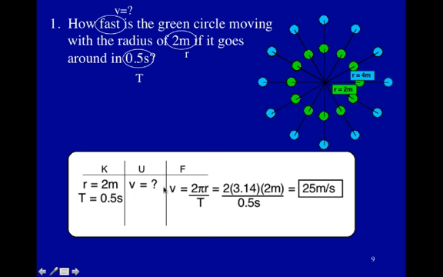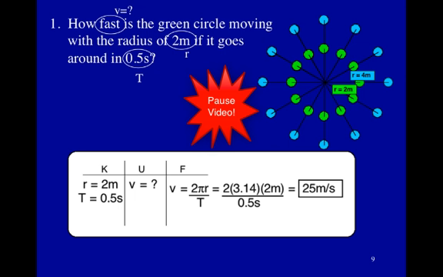Our unknown is the speed, and we use our speed equation. v is equal to 2 pi r over the period. So 2 times pi times 2 meters, which is the radius, over 0.5 seconds is about 25 meters per second, if that was cruising around that fast. So that's pretty fast.